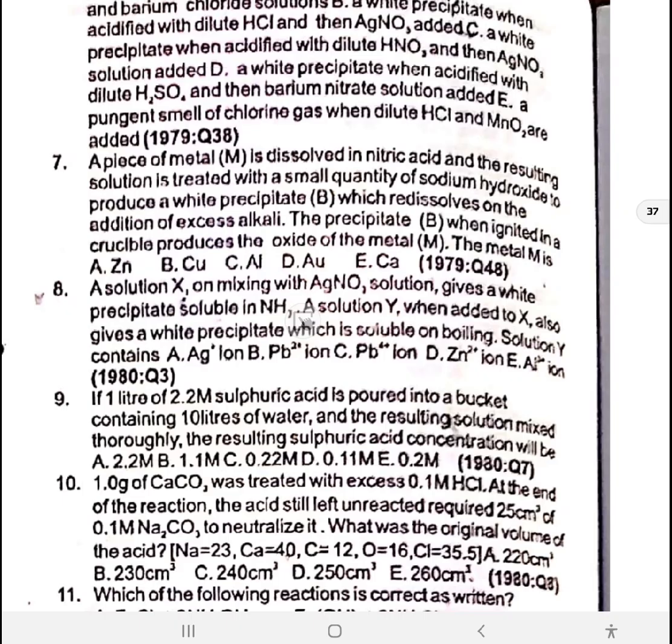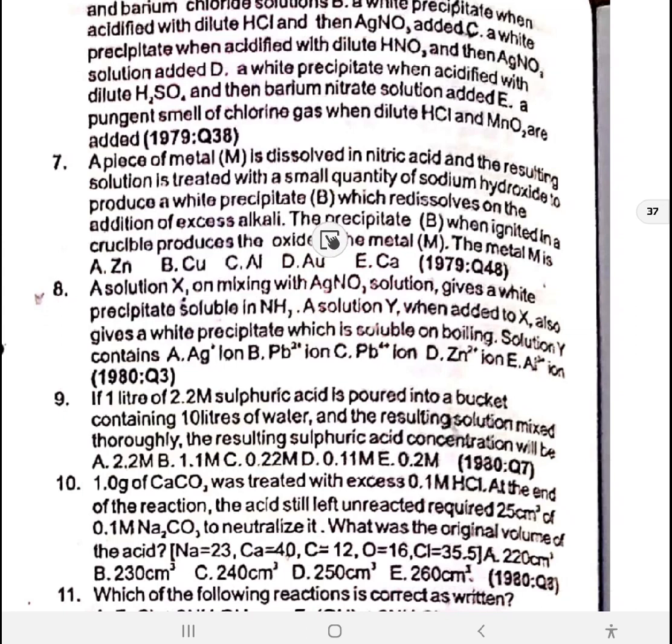Do you understand? So zinc nitrate reacting with sodium hydroxide would give us zinc hydroxide and sodium nitrate. Now, this zinc hydroxide is the white precipitate.